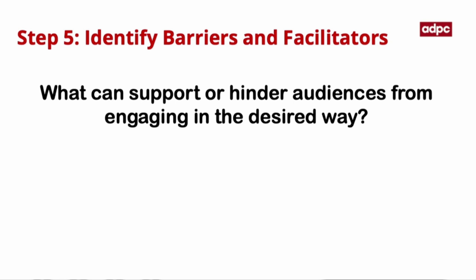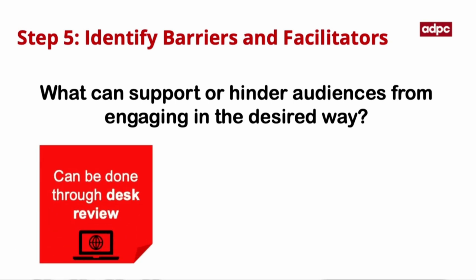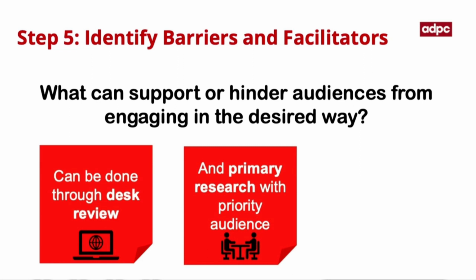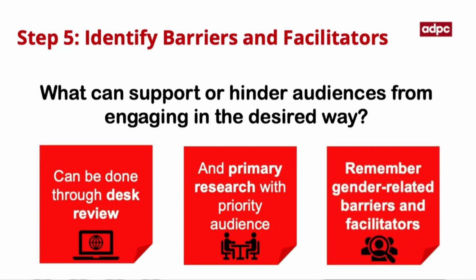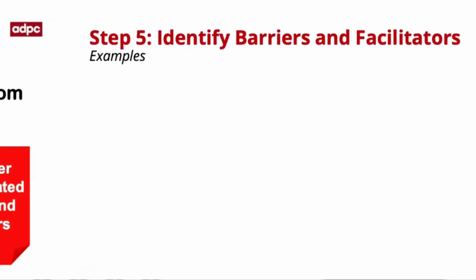Identifying barriers and facilitators can be achieved through desk review and primary research with your priority audience through interviews and focus group discussion. Don't forget to investigate gender-related barriers and facilitators as well to enhance the effectiveness of your plan.